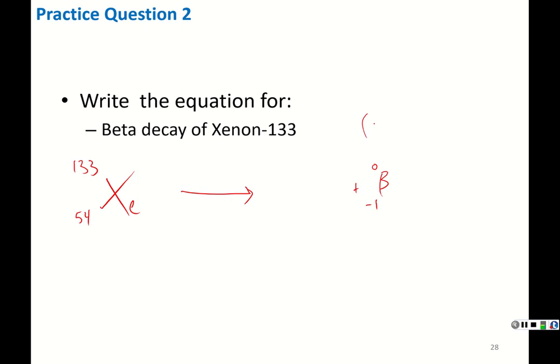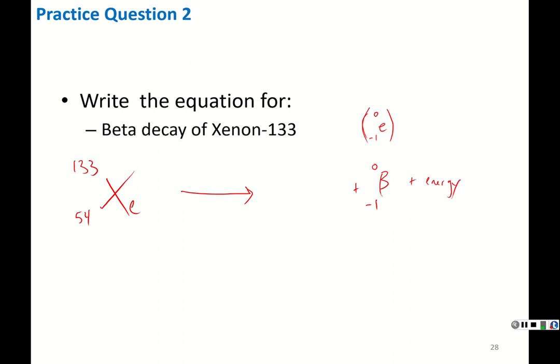Since they're the same, you can technically call this an electron as well, although when we're talking about radiochemistry and radioactivity, we generally label this as a beta particle.